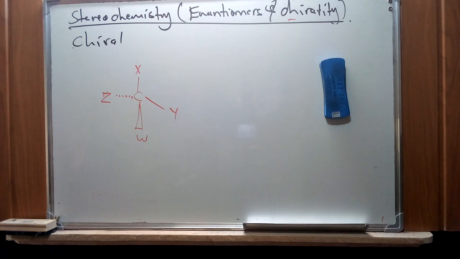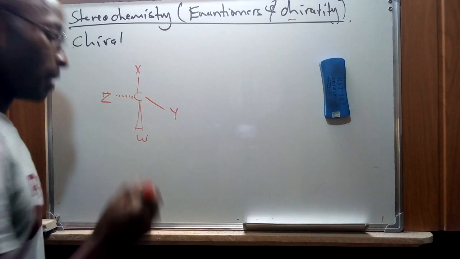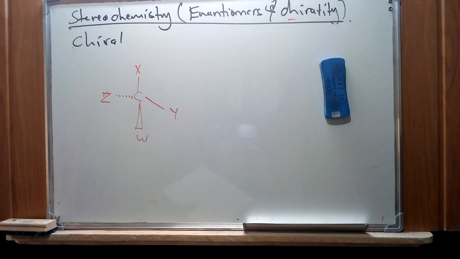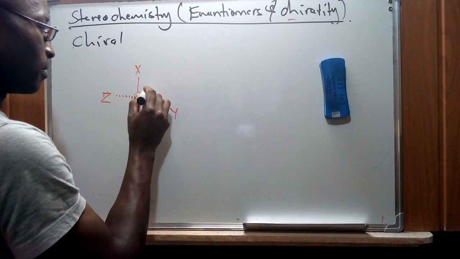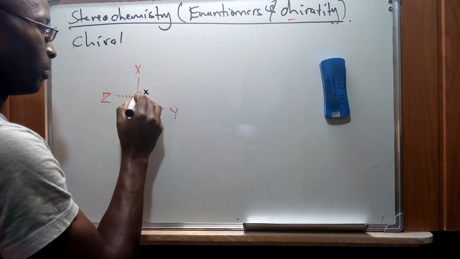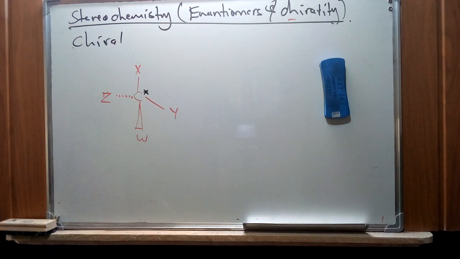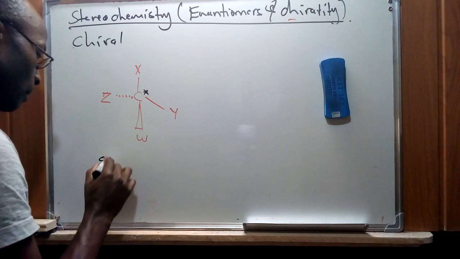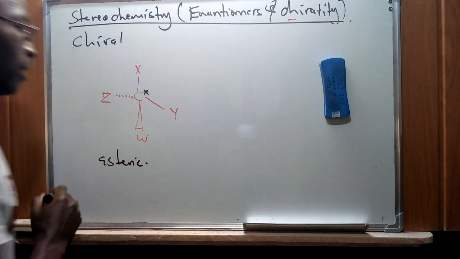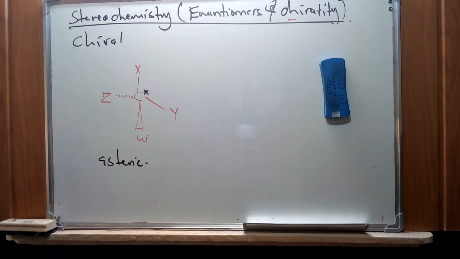If this structure cannot be superimposed upon its mirror image, there's a specific name that we give to this particular carbon that is located at the center of the tetrahedral structure. And this is normally illustrated using an asterisk, which is normally a small x that is located at that point.